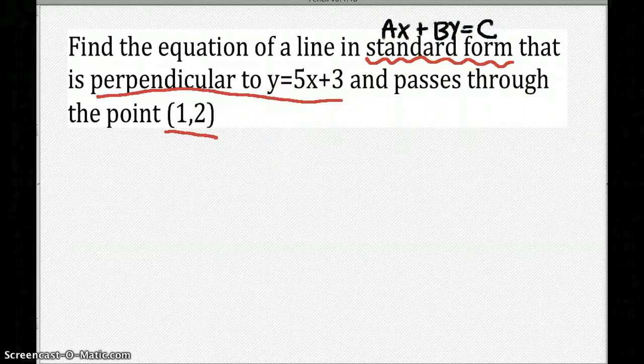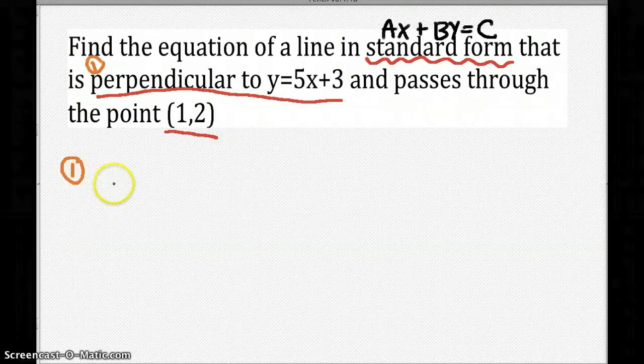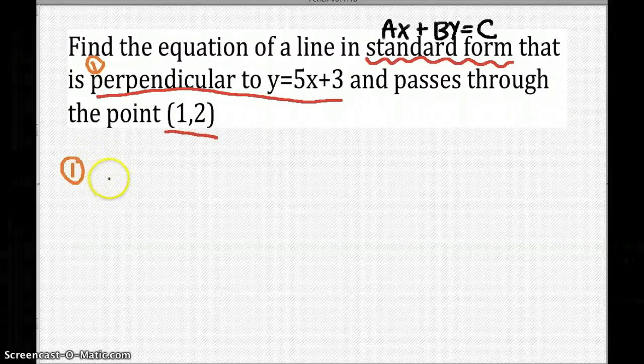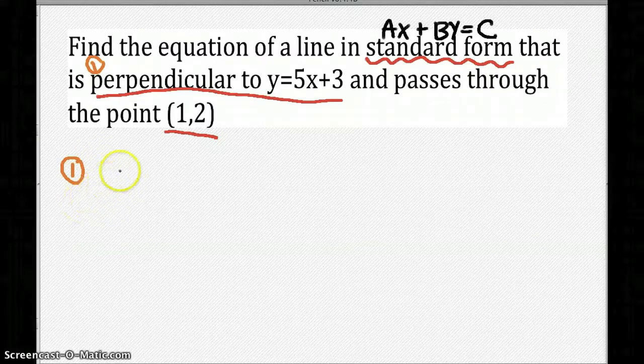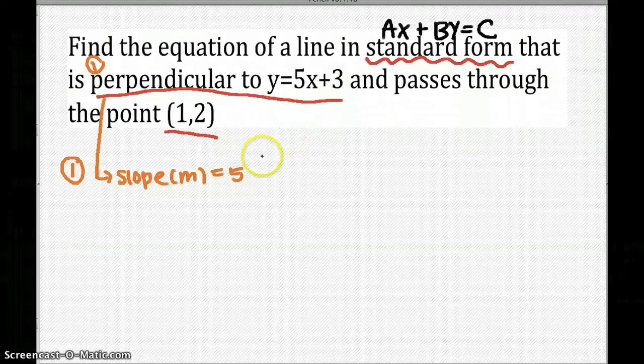Okay, let's work with the first part first. If it's perpendicular, the slope is not the same, because that would be parallel. The slope is actually the negative reciprocal. In this case, the slope, or m, of that graph is 5, because remember y equals mx plus b.